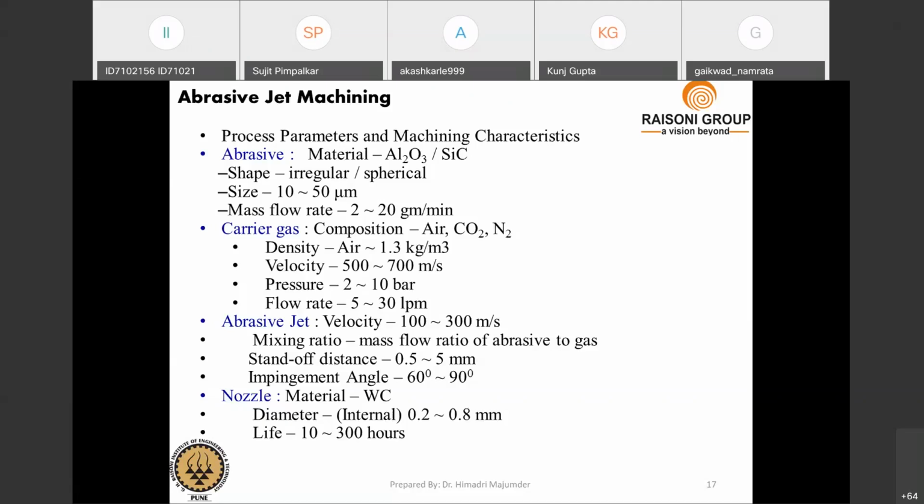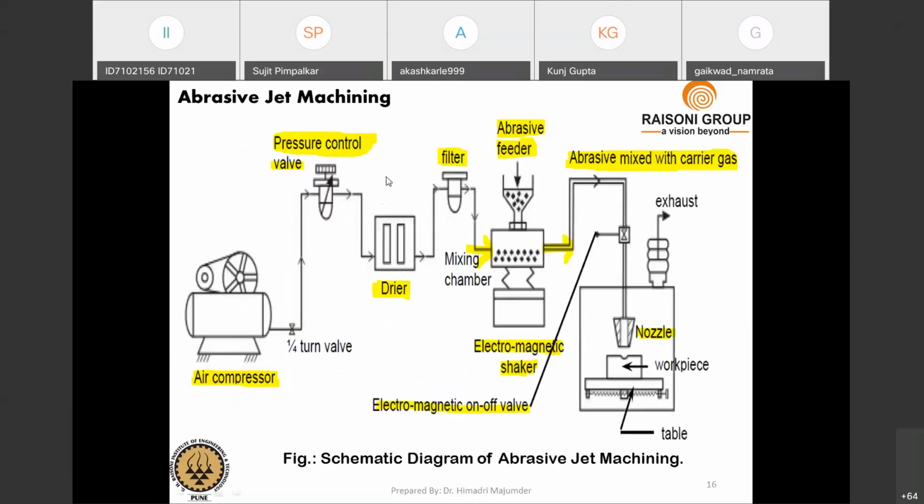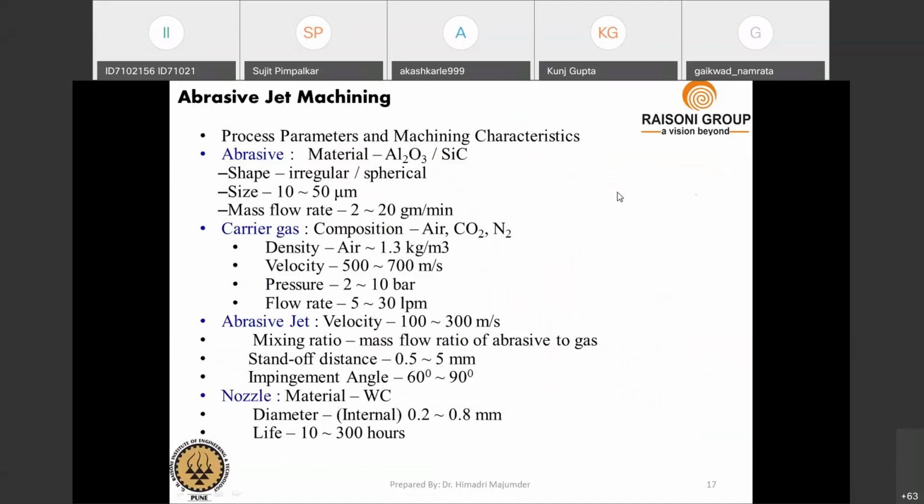Then the abrasive jet. This comes after the carrier gas line, before the mixing chamber. After the mixing chamber, it becomes abrasive mixed with carrier gas, so we need to follow the abrasive jet parameters. The jet velocity will be 100 to 300 meter per second depending on what material you are using or how much material removal you need.